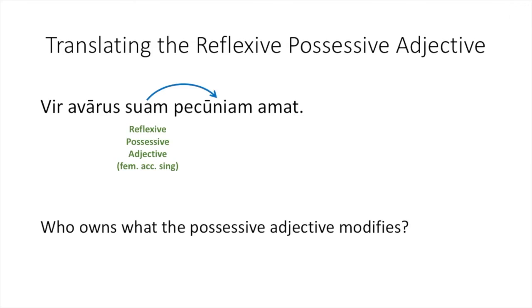And so think about the fact that it's a reflexive possessive. And so it's going to go back to the subject of our sentence. And the subject of our sentence is going to be the person who owns the pecuniam. And in this sentence, our subject is the vir avarus, the greedy man.